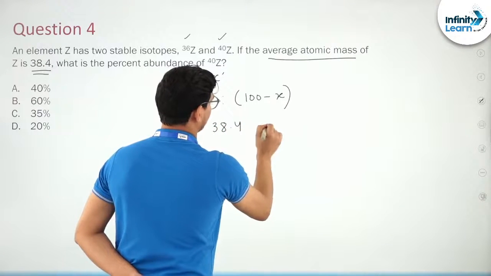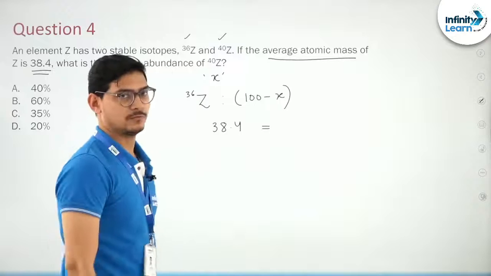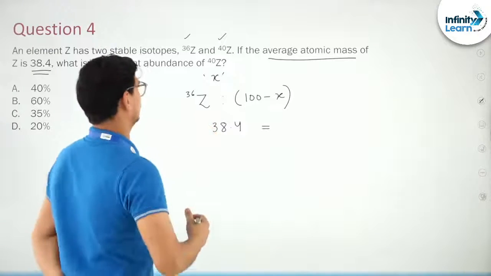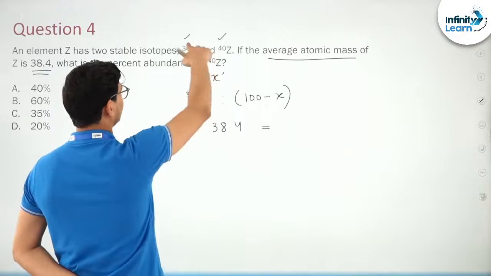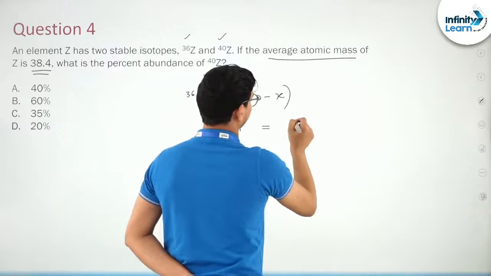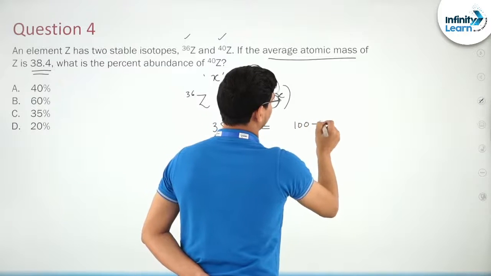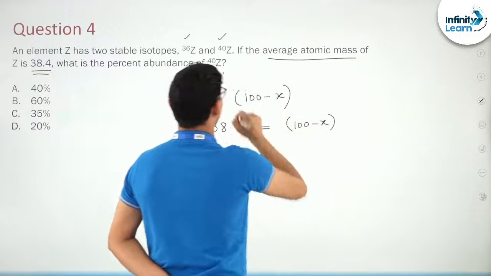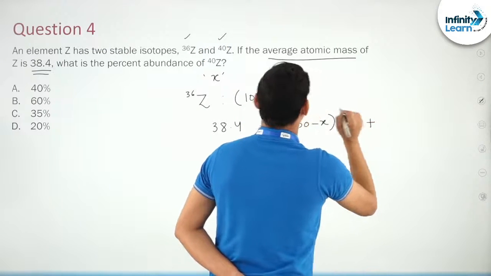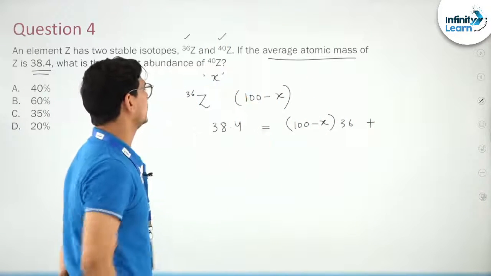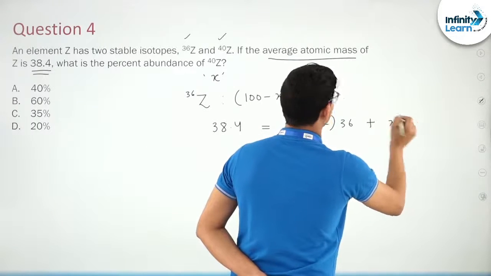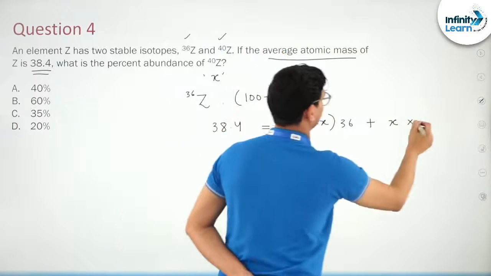Now we will multiply the relative abundance by the mass of the isotope. Relative abundance of 36 is 100 minus x, and its mass number is 36. For the second isotope, the abundance is x and its mass number is 40.